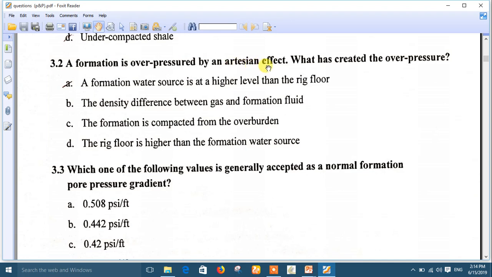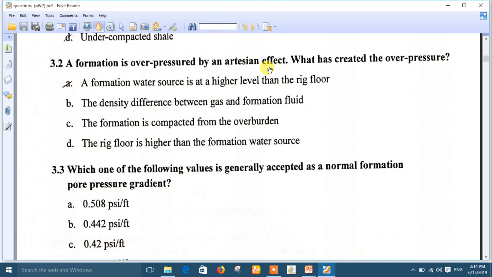But here, the Artesian effect means that if you have a sea, like in Alexandria or in Marsa Matruh, and the land is very low, below the sea level, there is contact from below between that sea and another formation, so that this contact makes the sea act as a high pressure over the formation.